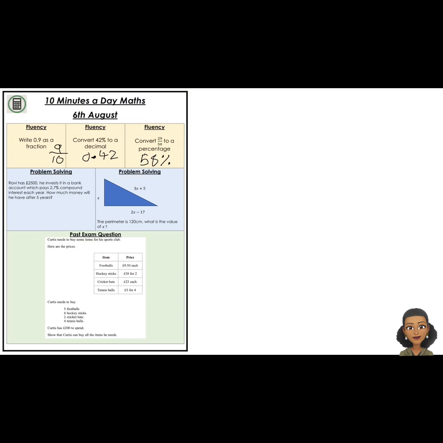So to do this, we're going to put it to the power. So we're going to firstly start by creating what's called our decimal multiplier, also known as percentage multiplier. To do that, my method is, we know that percentages are out of 100. And because he's getting 2.7% each year, I'm going to do 100 plus 2.7, which gives me 102.7. I am then going to convert to a decimal.